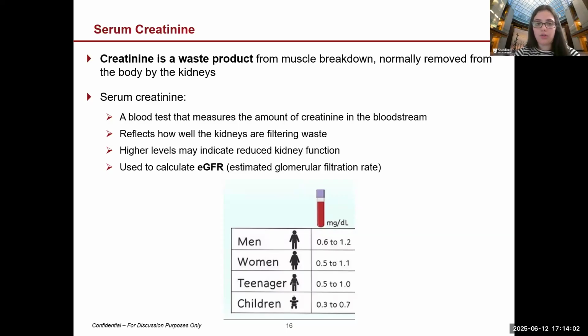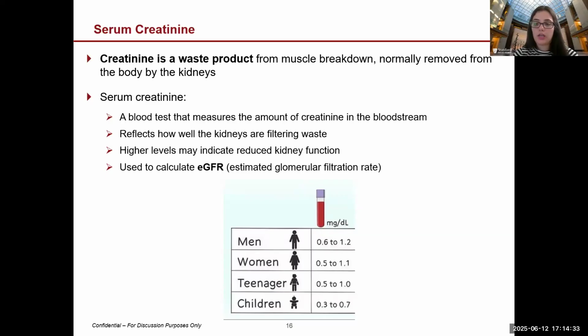So the higher levels of creatinine may indicate reduced kidney function because now your kidneys are not able to clear the creatinine as they normally should. Creatinine is usually useful to calculate eGFR, which stands for estimated glomerular filtration rate. eGFR tells us how well your kidneys are filtering waste from the blood.